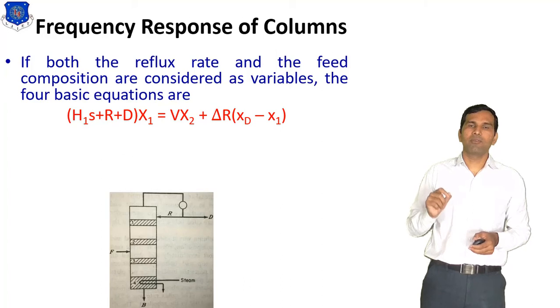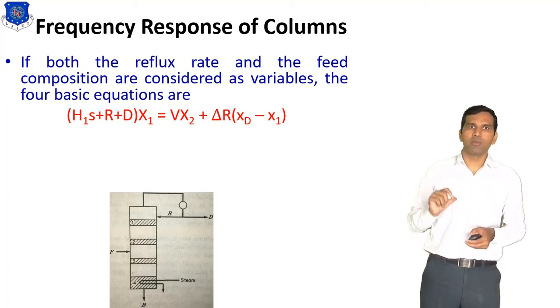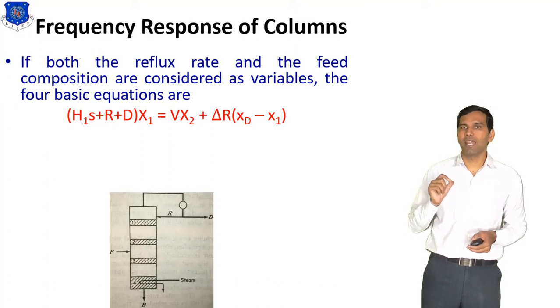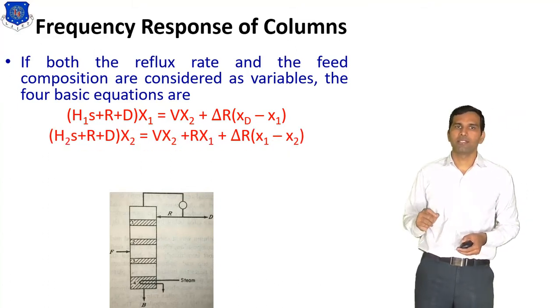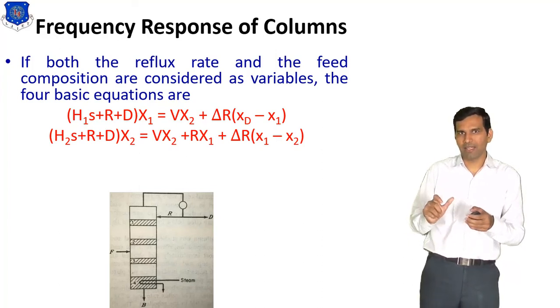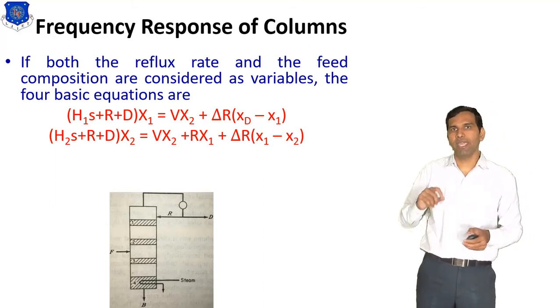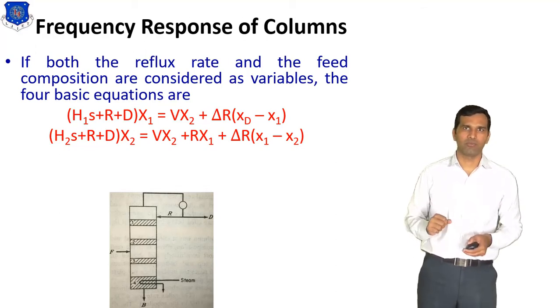The 4 basic equations are: first one is H1(S + R + D)x1 = Vx2 + ΔR(xD - x1). Second equation is H2(S + R + D)x2 = Vx3 + Rx1 + ΔR(x1 - x2).